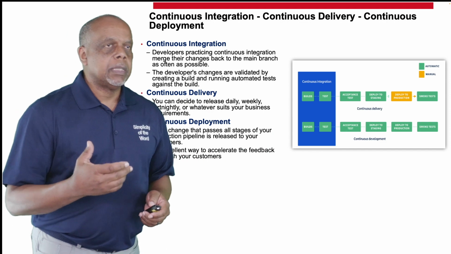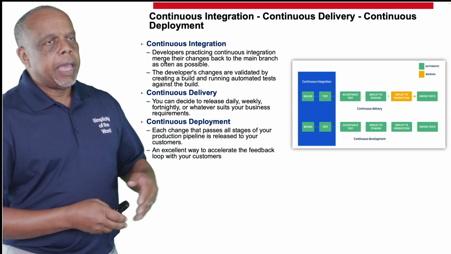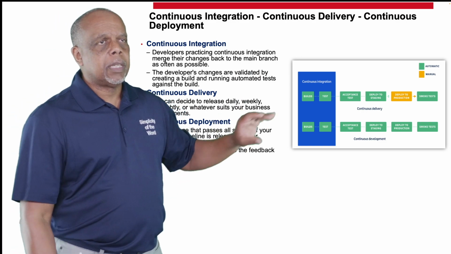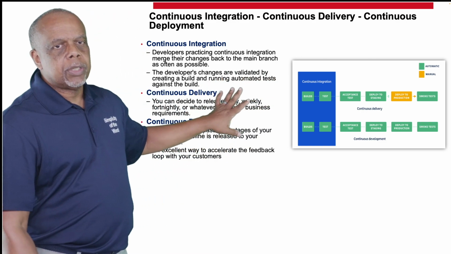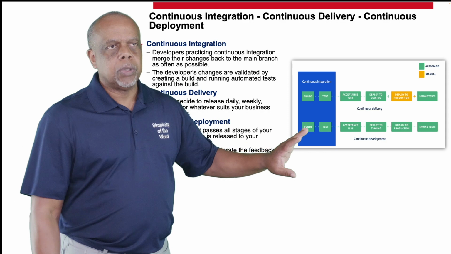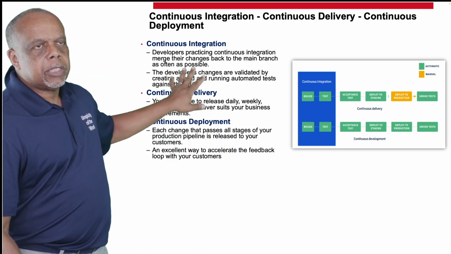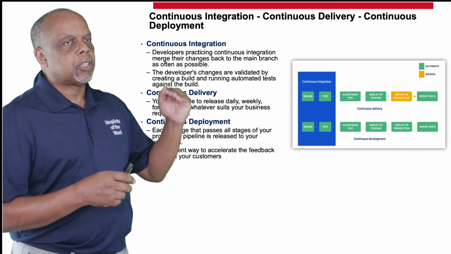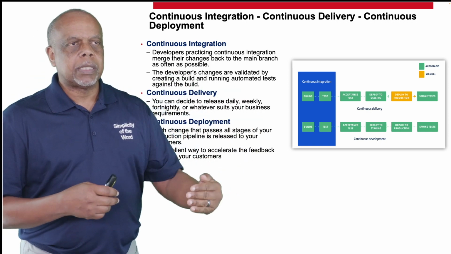And the last one is really a spinoff of Agile. It's pretty much a lot of the same things, but this is where you have continuous integration, continuous delivery, and continuous deployment. Continuous integration is where you're integrating your changes back to your main branch as often as you can, so you can keep those processes moving.